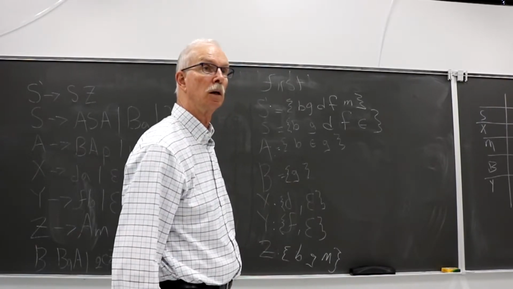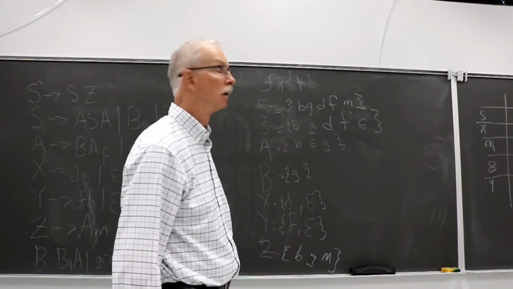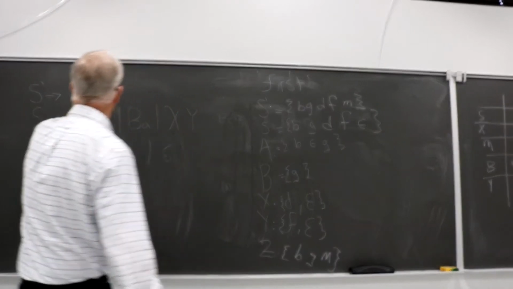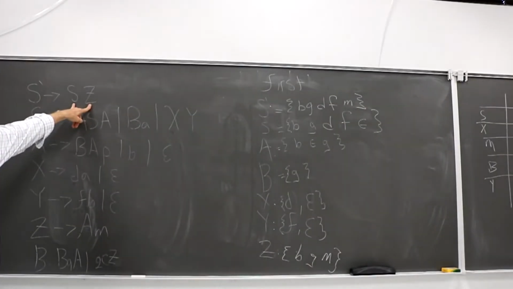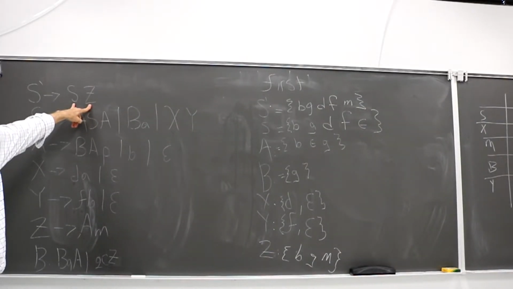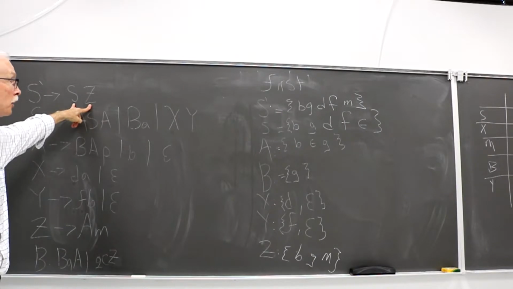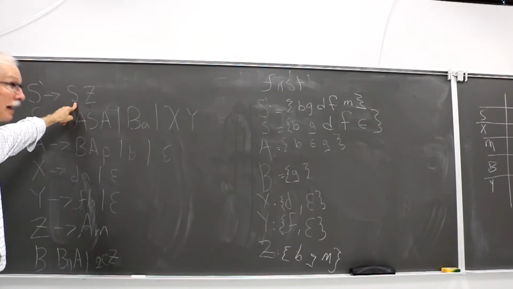Why isn't there an epsilon if S prime is first? These both can't go away. But S can go away, but Z is going to generate a character other than empty. But isn't there an epsilon in S? S is first? There's an epsilon in S, so S can go away, yes.